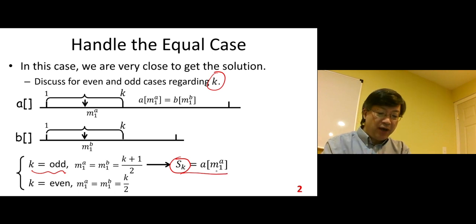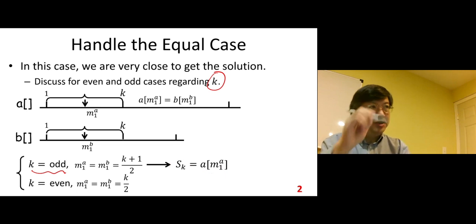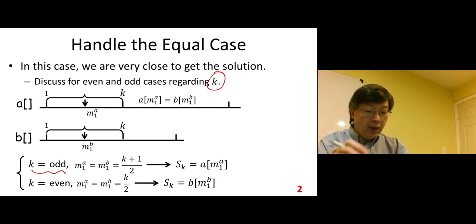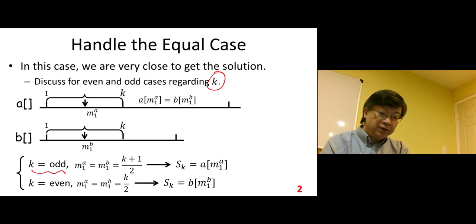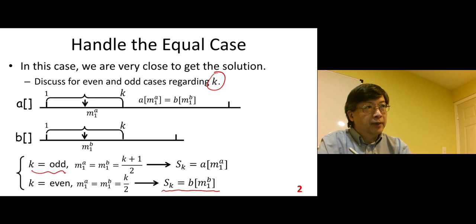Why? Let me explain. For the even case, S sub K equals B of M1B. So how do we see it?